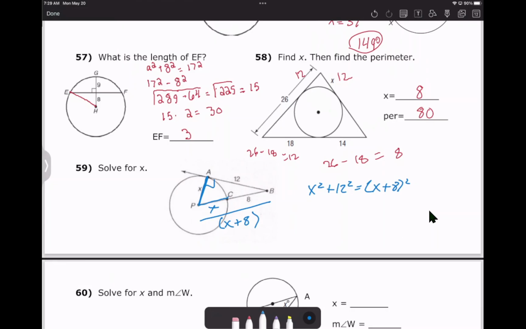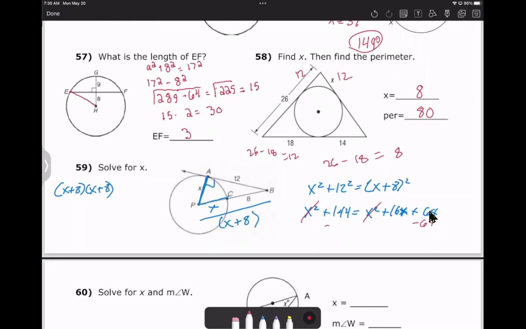Now, when you're squaring a binomial, make sure to multiply it by itself, x plus 8 times x plus 8. That should give you x squared plus 144 is equal to x squared plus 16x plus 64. Nice thing is the x squareds are going to cancel. Subtract the 64, giving you 80 is equal to 16x. Divide by 16. x is equal to 5.